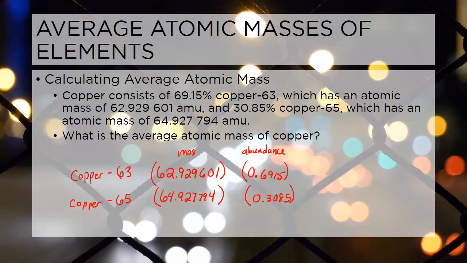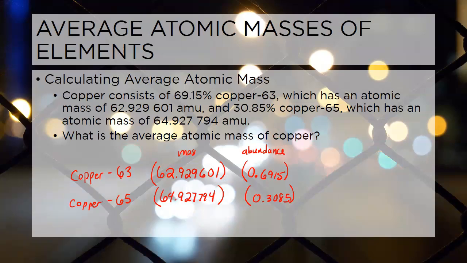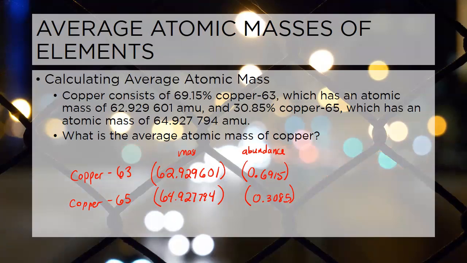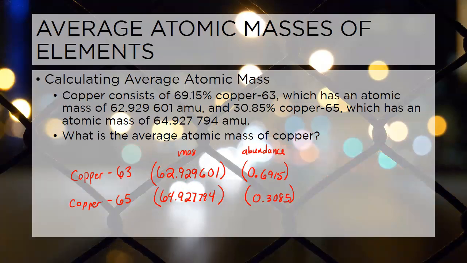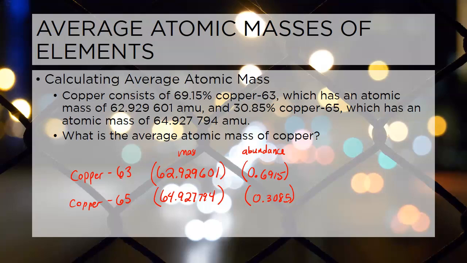In the same way, because copper-63 is more than twice as abundant as copper-65, what do we expect that average to be closer to, the 63 or the 65? We've got 69% is 63 and 31% is 65. Yeah, it's probably going to be closer to 63.